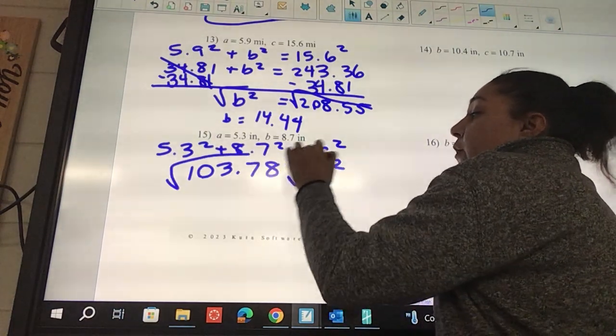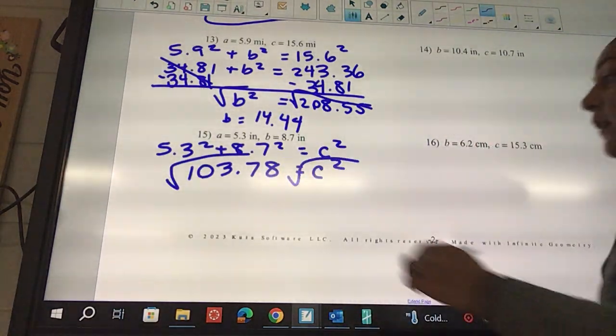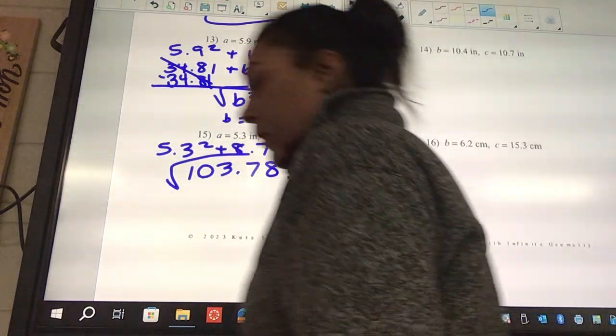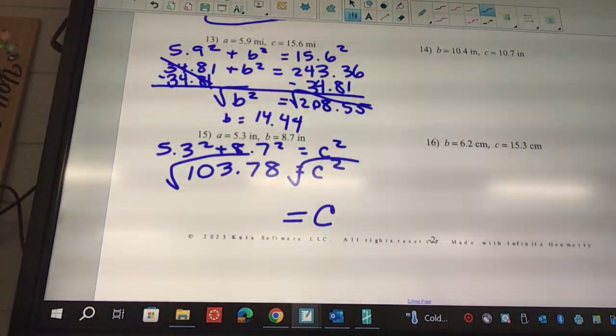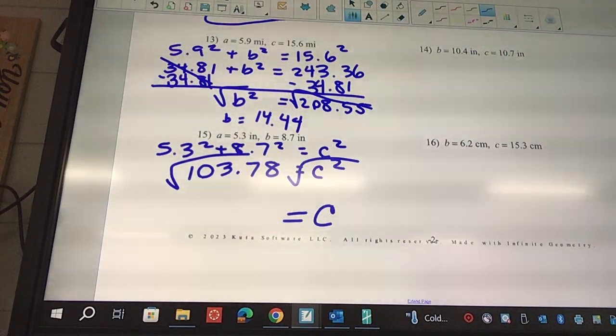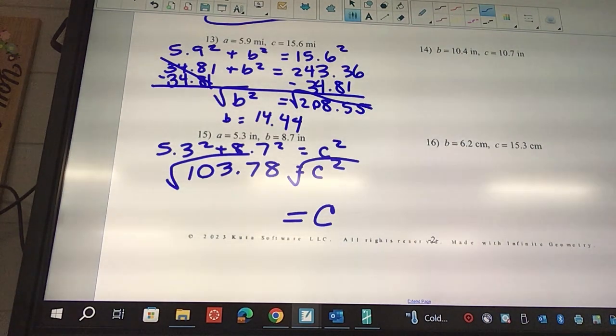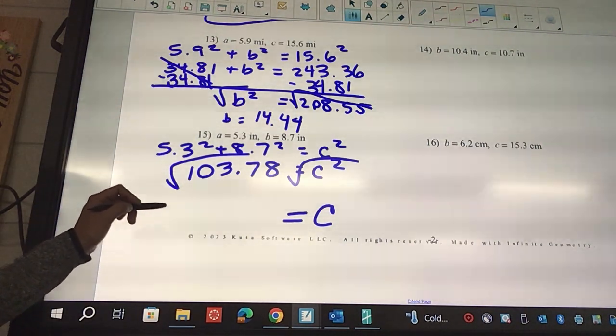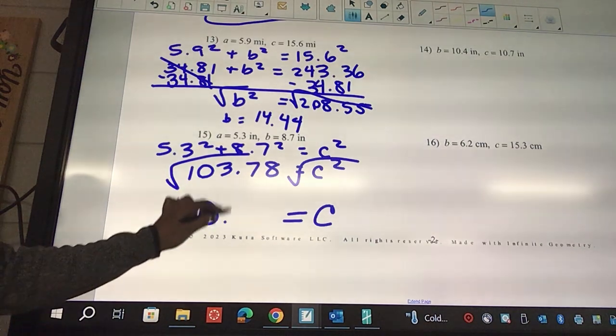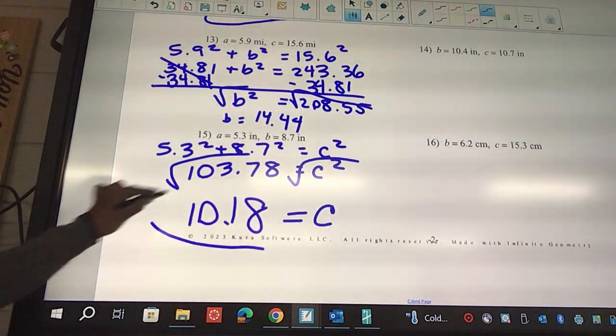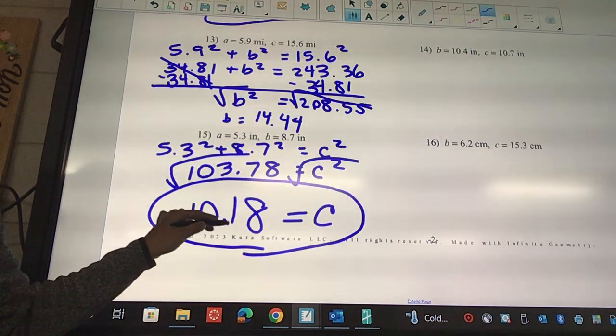And then we can square root both sides. I said 7, and I'm like, I know that ain't right.